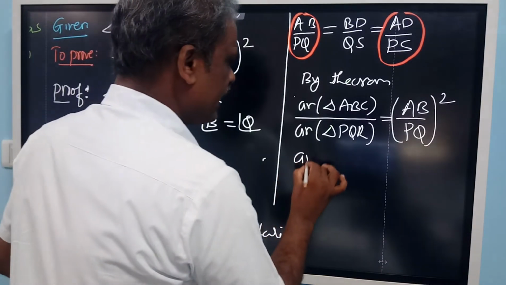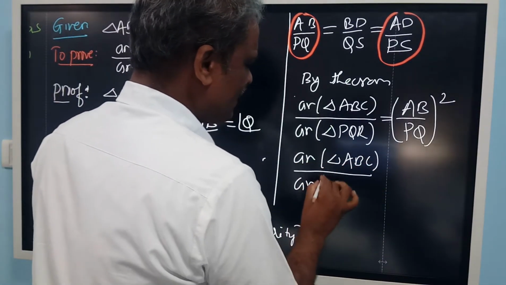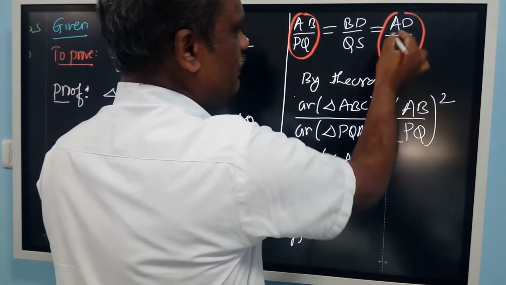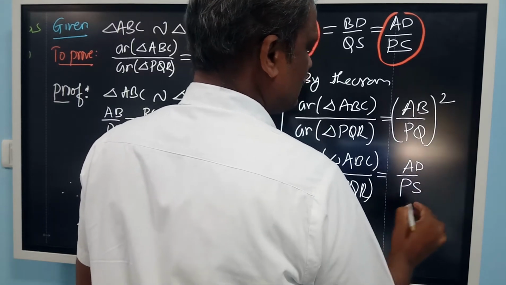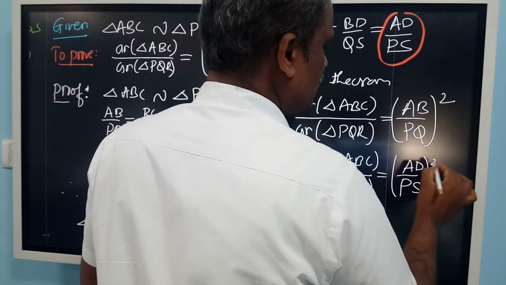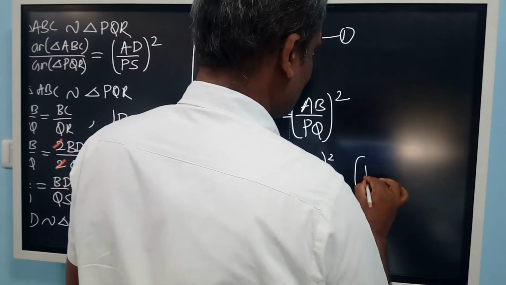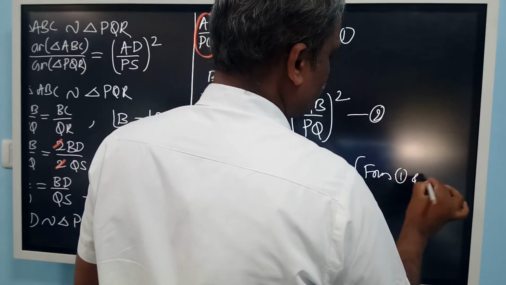Therefore, area of triangle ABC divided by area of triangle PQR can be written as AD by PS whole square. Call this 1, and this is from 1, and you can call this 2.